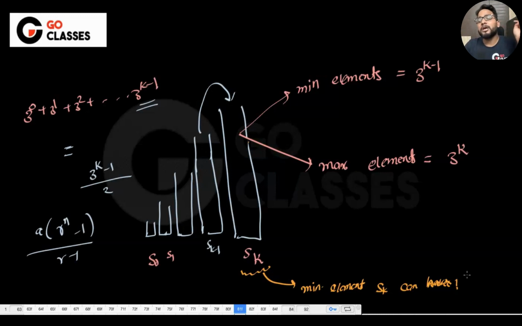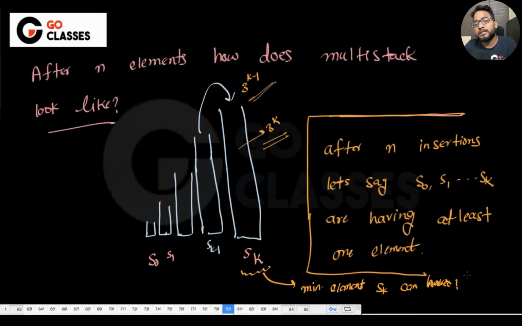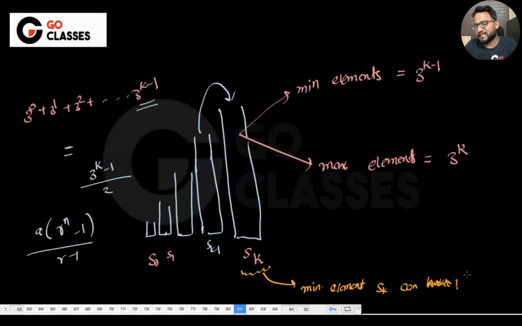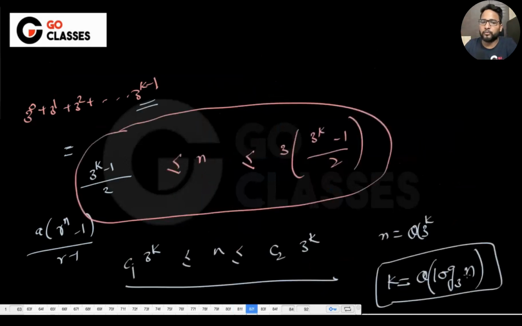Let's suppose we push all the elements, and after n insertions, k stacks are full. Then this Sk cannot exceed log n. That's what we are saying. So basically k won't exceed log n, something like that, that we try to make as a conclusion.